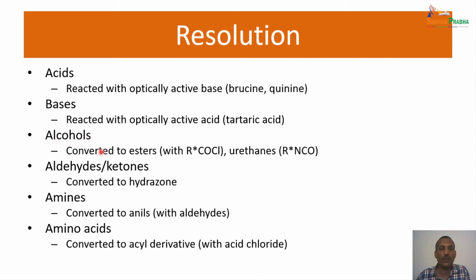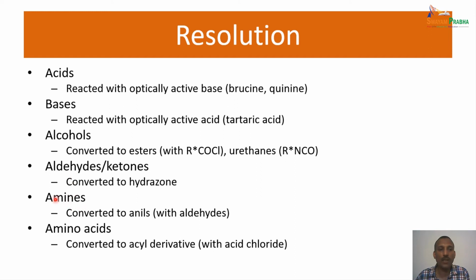And if we have to separate alcohols, we can convert them into esters by treatment with optically active acid chlorides, or we can also convert them into urethanes with optically active isocyanates. If we have to separate aldehydes and ketones, we can use hydrazones which are chiral. With that, we can actually separate the enantiomers.